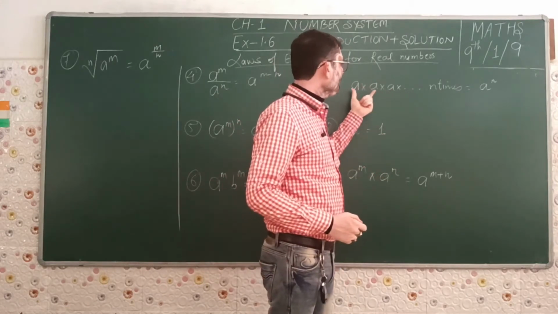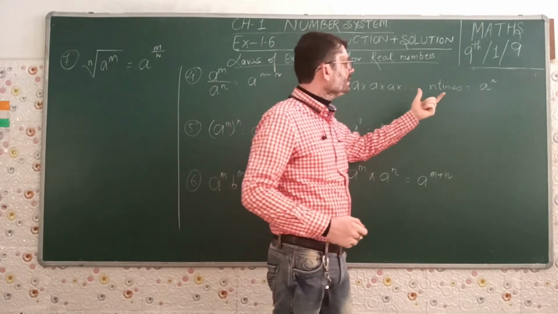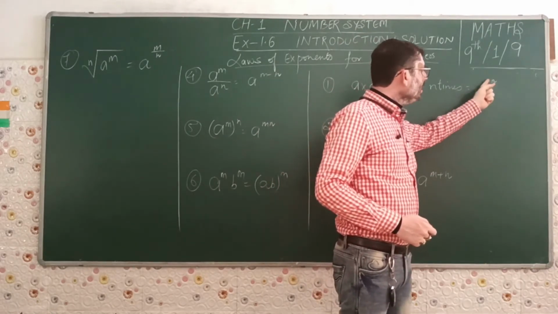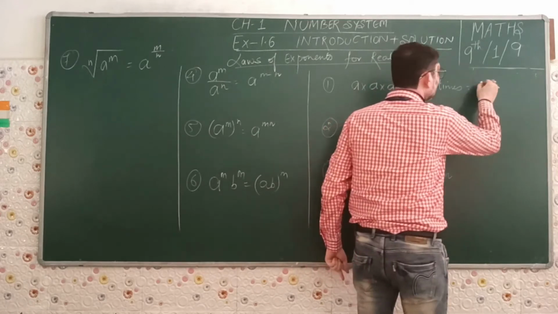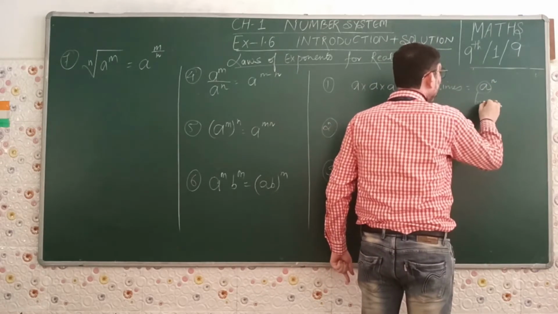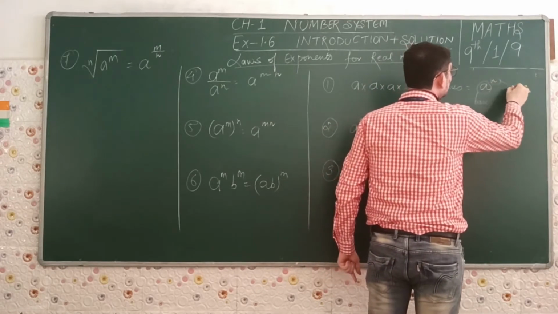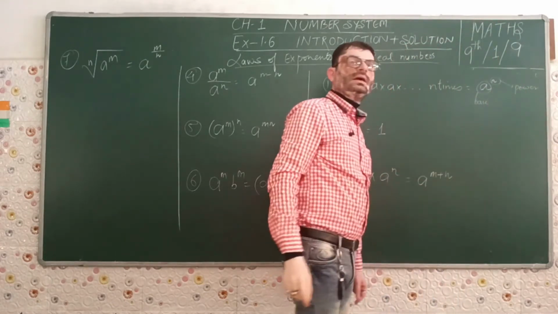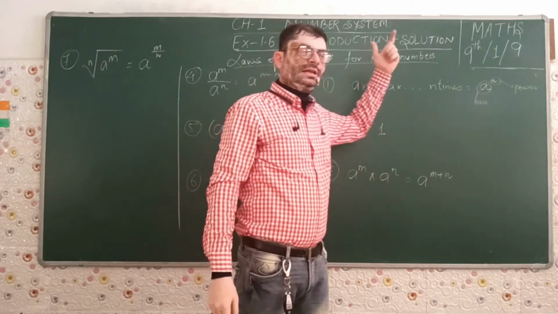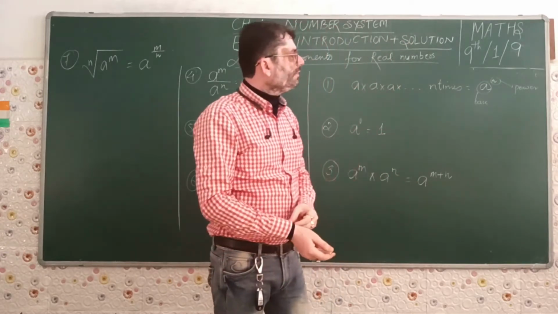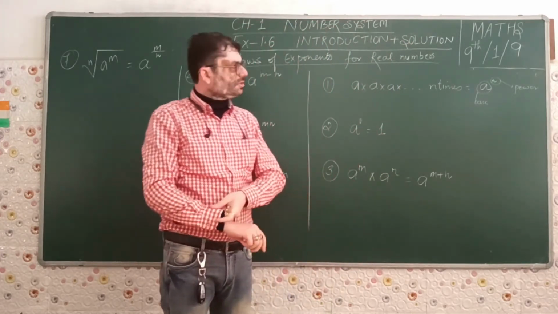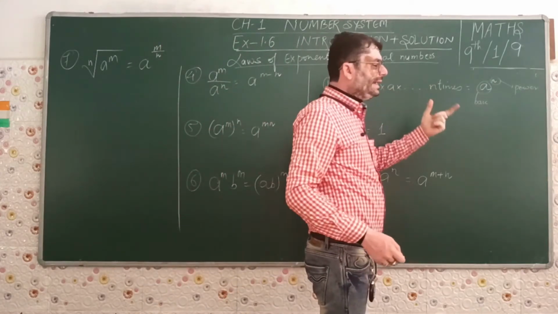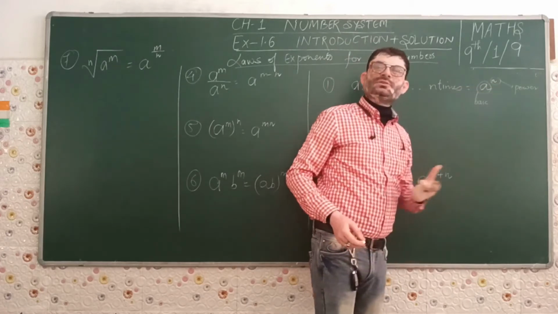Number of times a particular number is occurring is given by A to the power n, where A is called the base of the exponent. This is called base, and this n is called power. You can say power. You can also say A to the power n. You can also say A raised to n. Different ways of expressing it. So A into A into A into A till n times can be represented as A to the power n.